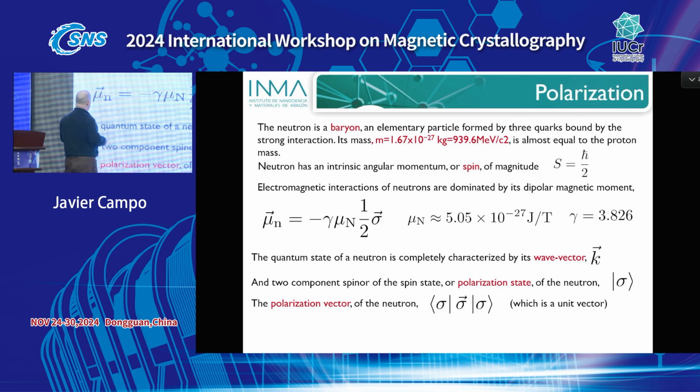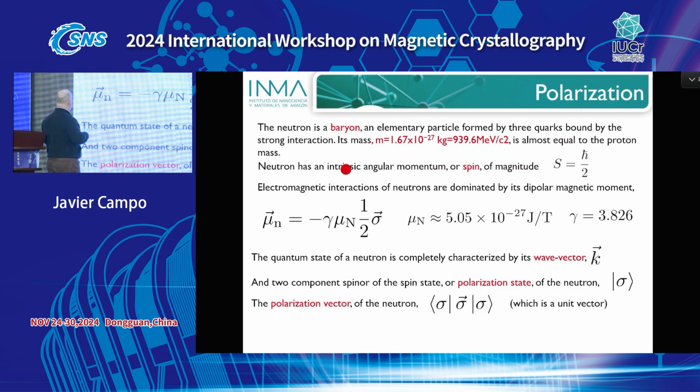Then let's remember the neutron. The professor yesterday in the first lecture explained that it's formed by three quarks, and the neutron is a baryon. It's a particle formed by three quarks bound by the strong interaction. The mass of the neutron is equivalent to the mass of the proton. What is important here is the spin of the neutron, 1/2.